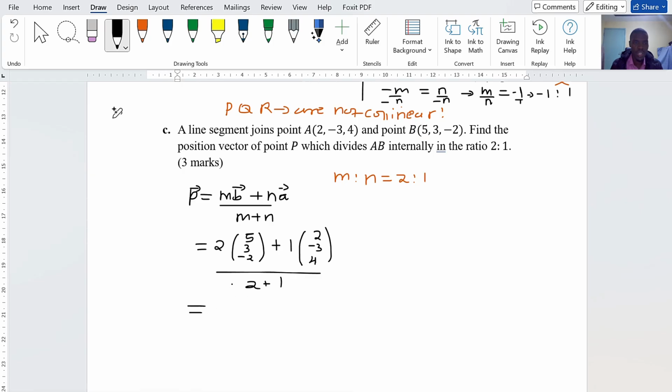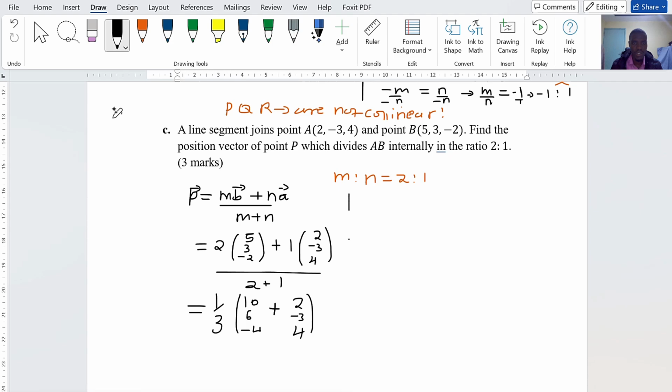Now when we proceed, we have a third, because 2 plus 1 is 3. Then work out 2 times 5 is 10, 2 times 3 is 6, and 2 times negative 2 is negative 4. Then plus 1 times everything here is just the same thing, so it doesn't change the values.